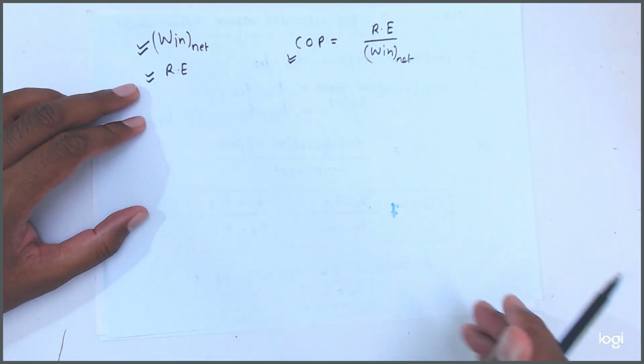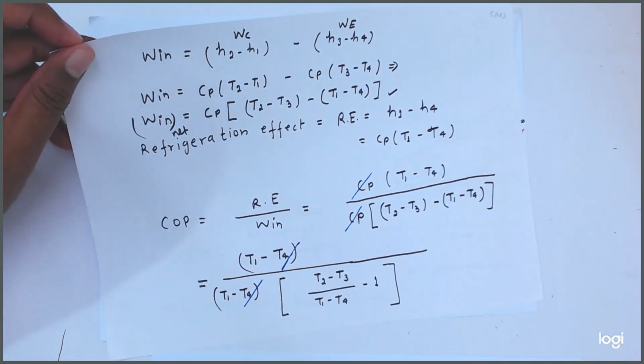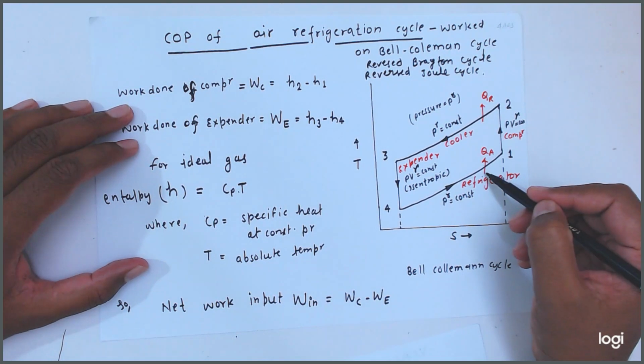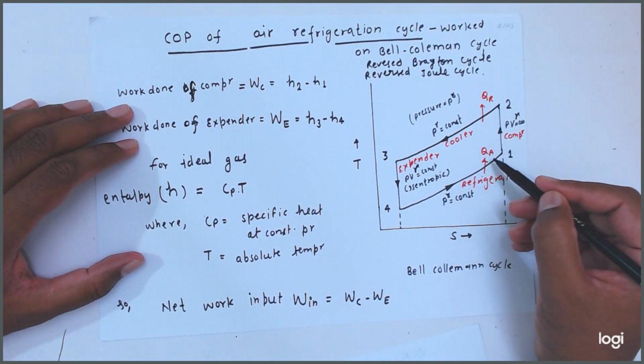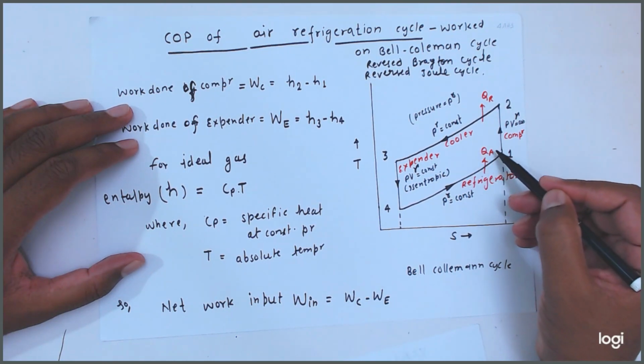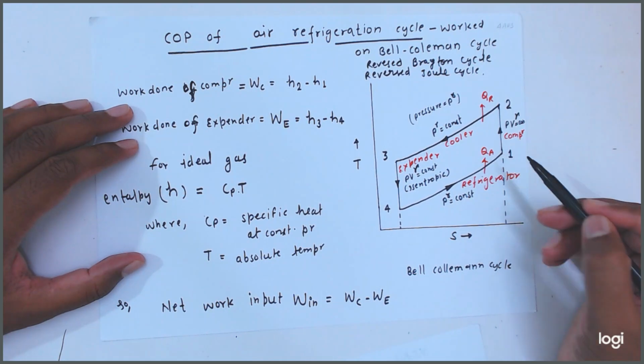Okay, now friends, what is the refrigeration effect? This is the refrigeration effect, because here you see heat addition is there, and this heat addition is the refrigeration effect. How much is this heat addition? H1 minus H4.